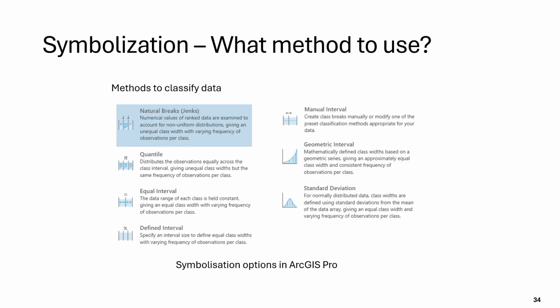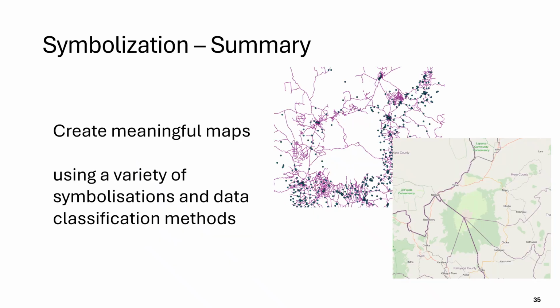And for each of these, the data can be classified using different methods. So in summary, we can create meaningful maps using a variety of symbolizations and data classification methods.